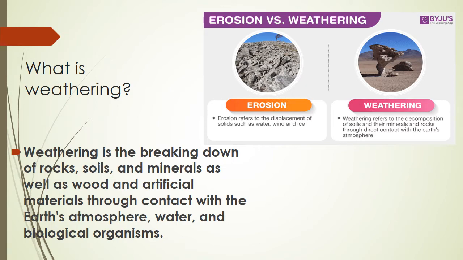And what happens in erosion? Erosion refers to the displacement of solids by agents such as water, wind, and ice. When weathered material is transported from one place to another, there is a displacement taking place, and that process is called erosion. Agents like wind, glaciers, water, and ice play an important role in erosion.